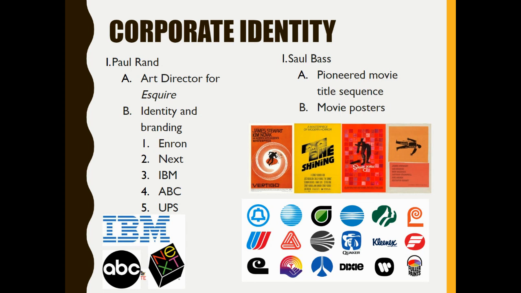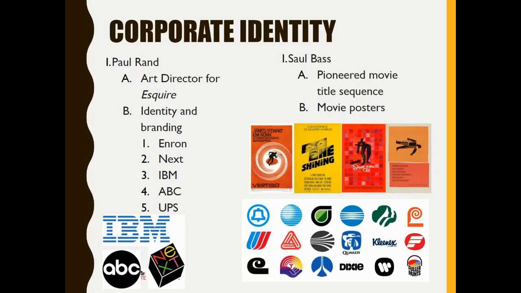But just like Paul Rand was an art director for a magazine, Saul Bass was also a designer in other areas. He did movie posters and title sequences. So you can see there's a couple examples of his movie posters that he created. And a title sequence, there used to be a time when in the beginning of movies, there would be this 3-minute time of like they would use the credits and who's the main actor and who's the director and what's their role in it.